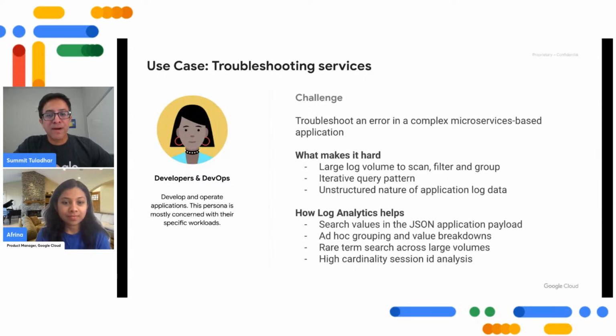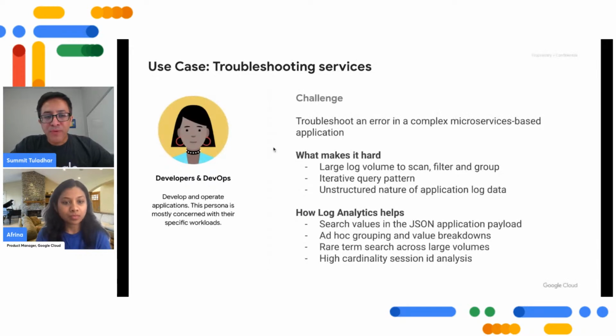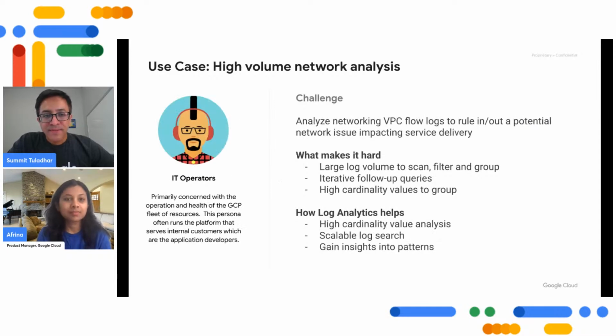You might want to group by certain fields, break down the values, and try to visualize it to understand when something started to happen and where the root cause could be. So troubleshooting is probably the most frequent use for log analysis, and I'm sure all of you have some experience doing this. I'll probably show you a demo of this as well, on how we can leverage log analytics for troubleshooting. If you could go to the next slide, please.